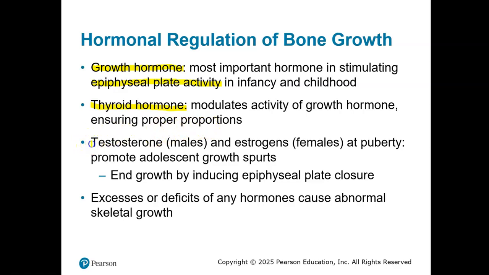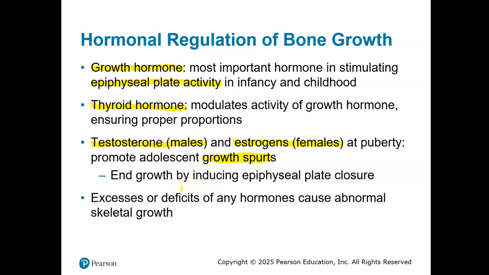The sex hormones, testosterone in males and estrogens in females, at puberty, males and females have a surge in testosterone or estrogen, and that will lead to growth spurts in adolescence.